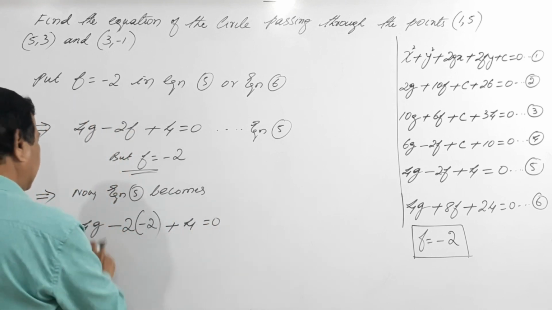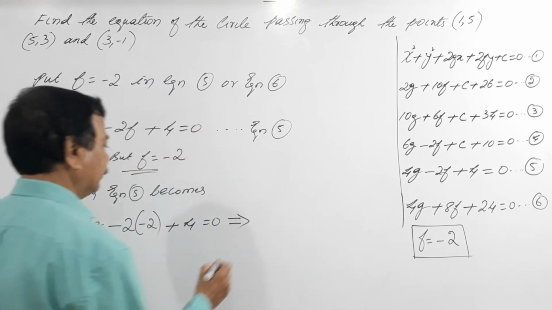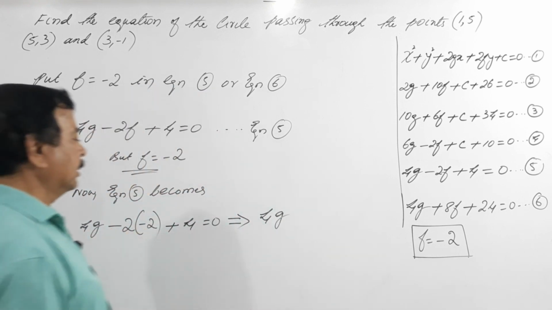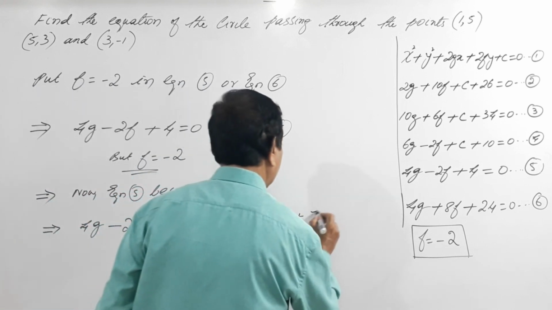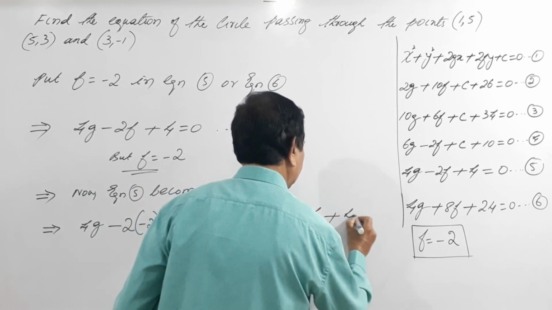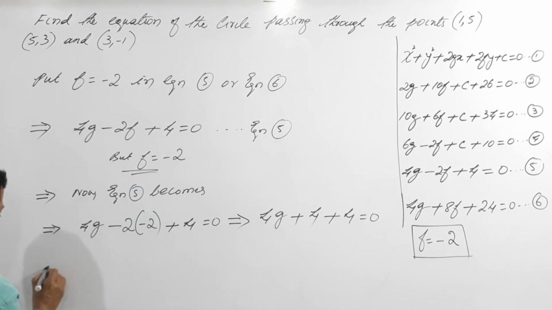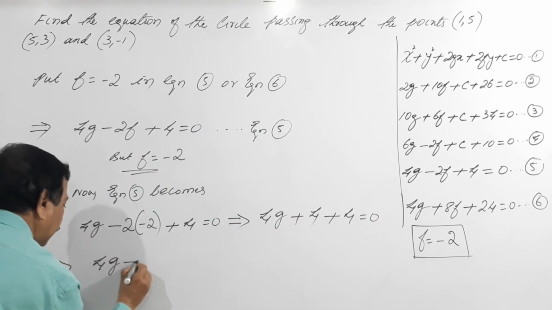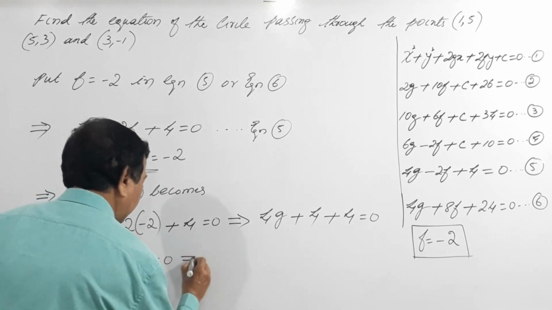Let's simplify this. This becomes 4g, minus into minus plus 2 into 2 is 4, plus 4 equals 0. 4 plus 4 is 8, that is 4g plus 8 equals 0.